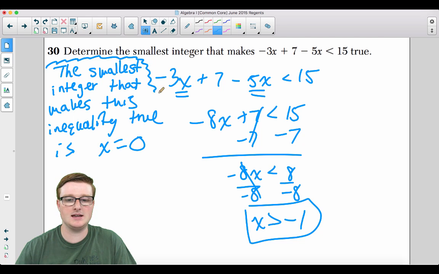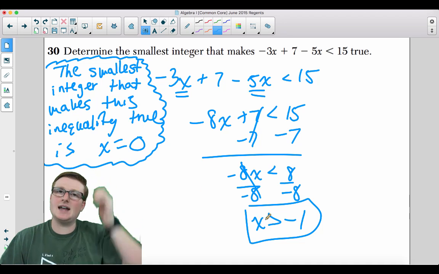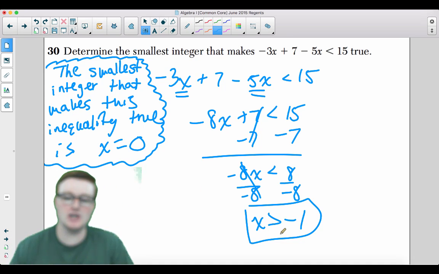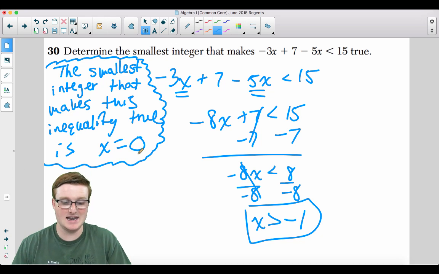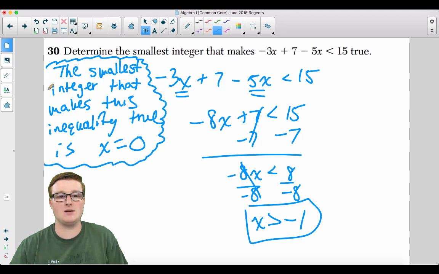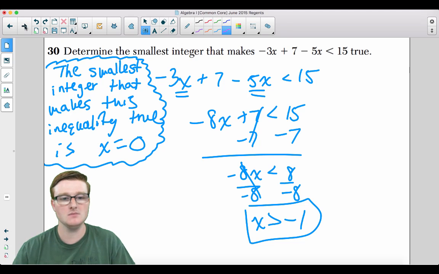That, ladies and gentlemen, is your answer. Because negative 1 is considered not included because there's no equal sign underneath the greater than sign. So it has to be x is equal to 0. That is the next integer above negative 1 that would satisfy that condition.